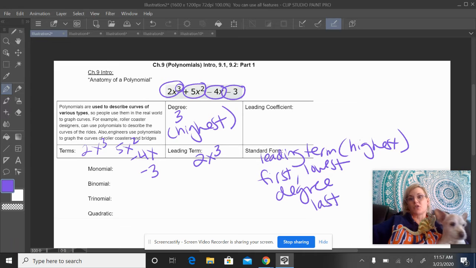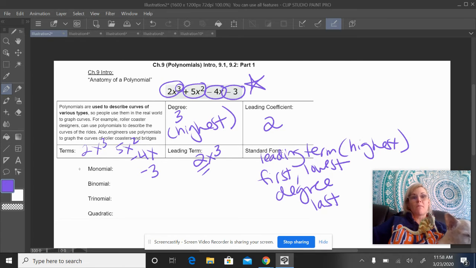We're talking about the degree, and it may have a degree of 0, so it might just be a number like negative 3. This isn't standard form, so I'll put a star there. My leading term is the highest degree, and when it's in standard form, my leading term is first. My leading coefficient is the coefficient that goes with my leading term, which is 2.